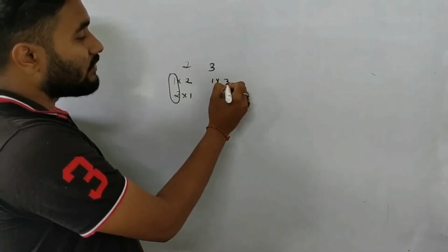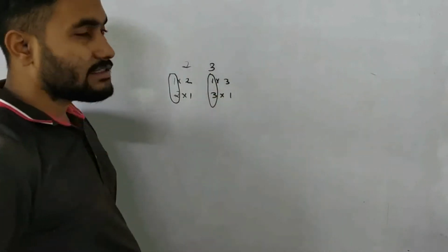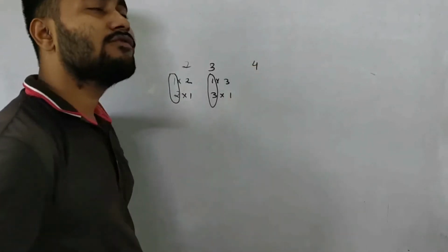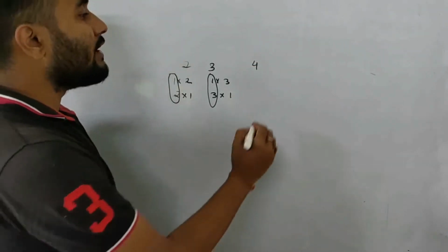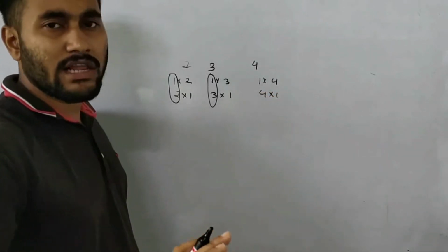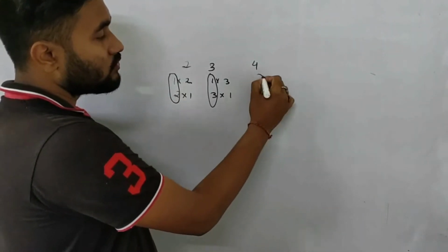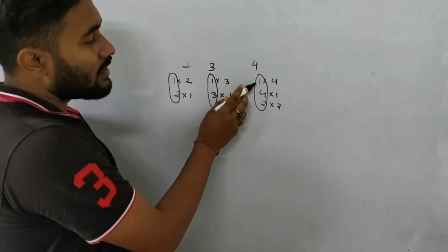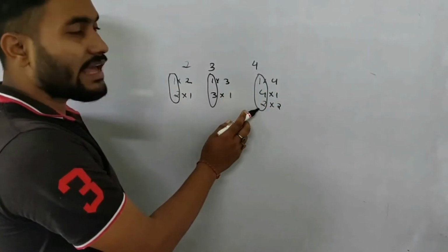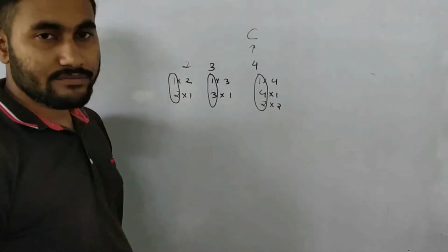Because 1 times 3 is 3 and 3 times 1 is 3. Now, is 4 a prime number? No. Because 1 times 4 is 4 and 4 times 1 is 4, this is fixed, it comes for every number. But there is one more: 2 times 2 is 4. Since there is one more factor besides 1 and the number itself, this is a composite number.